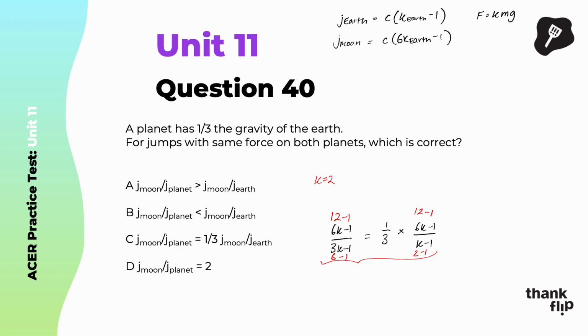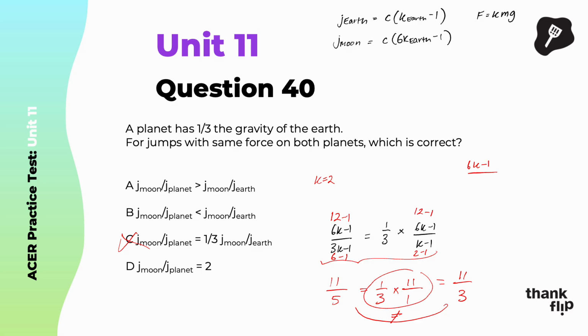So we would have 11 over 5 is equal to 1/3 times 11 over 1. And this bit we can multiply and we get 11 over 3. So obviously 11 over 5 is not equal to 11 over 3. So that disproves C.